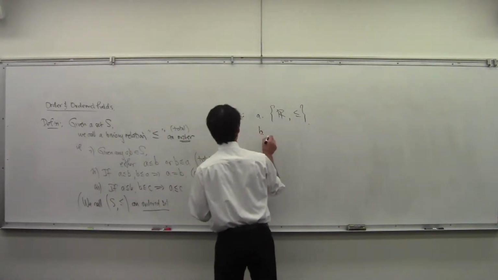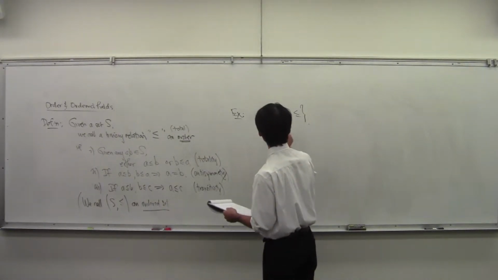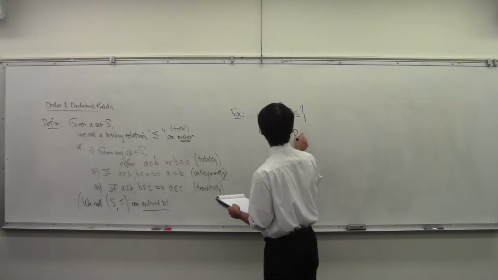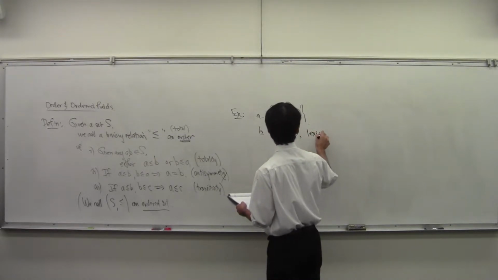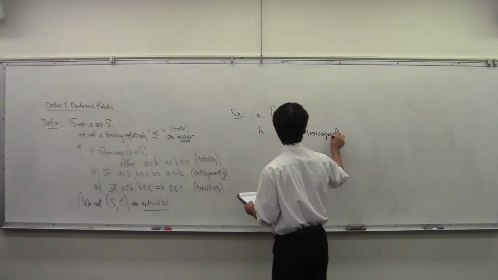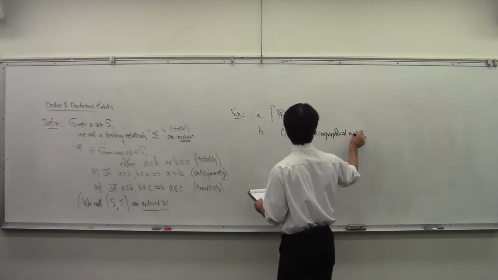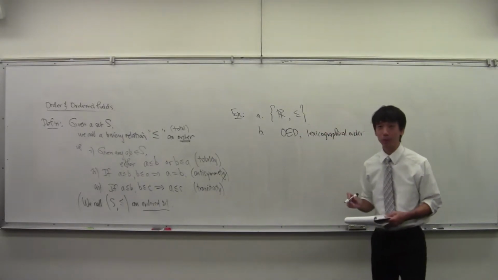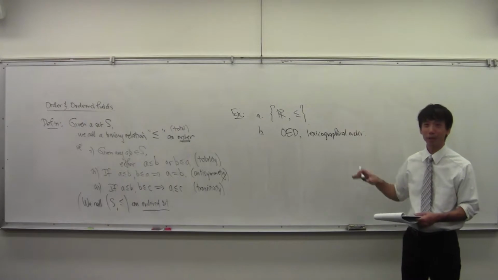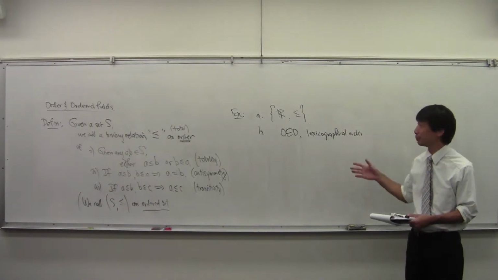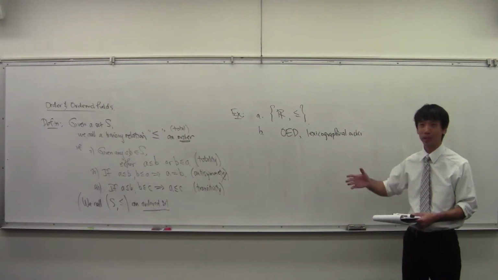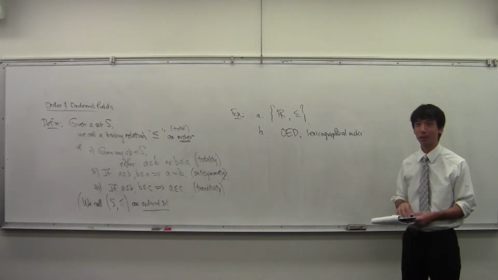Okay. B, if you take the Oxford English Dictionary and you use the lexicographical order, right? That is a set with an order. The alphabetic order, right? So you say one word is bigger than the other word if it occurs later in the dictionary.